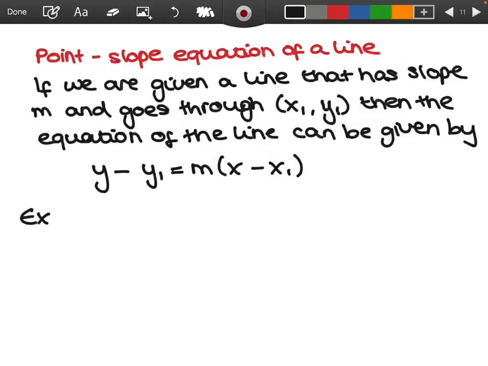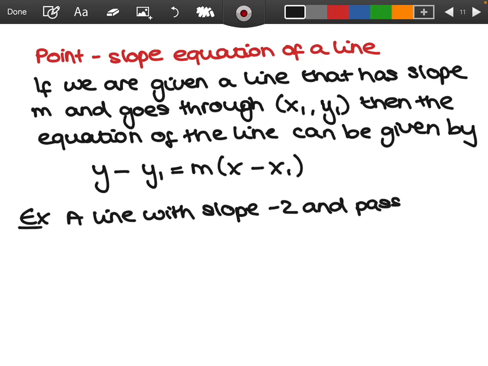But let's actually find out what the equation of that line is. So we've got a line with slope -2 that passes through (1, 3). Let's find the equation of that line.